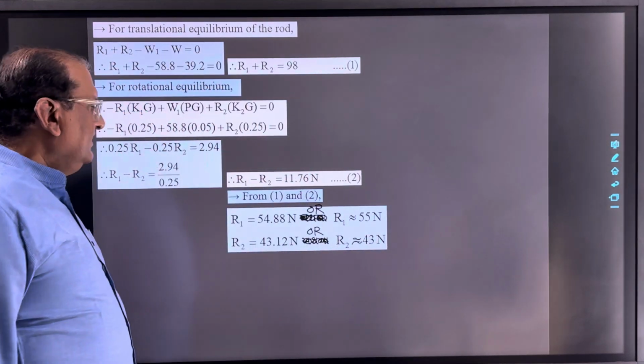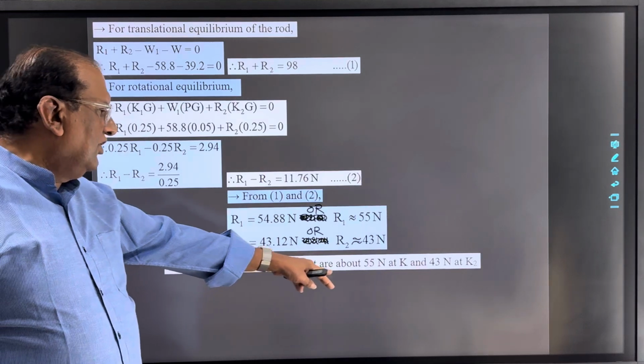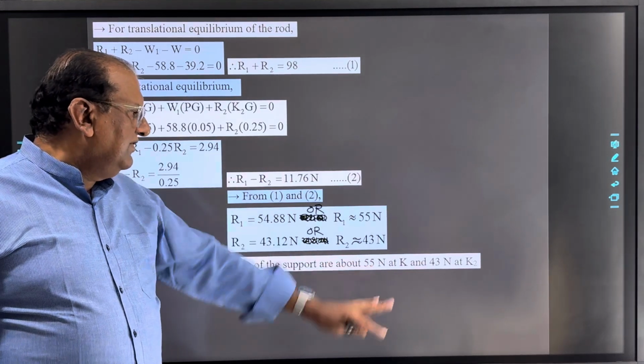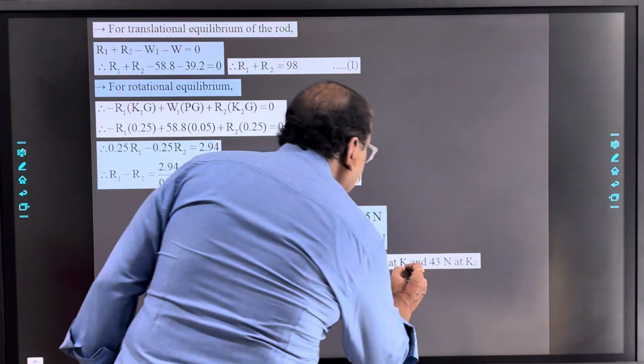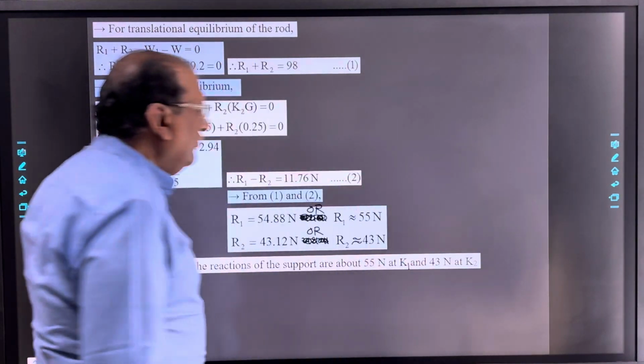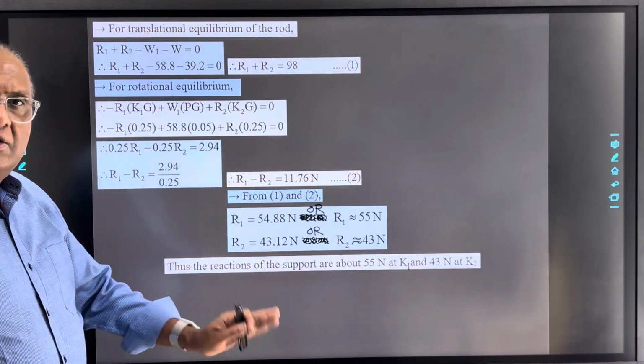So in this way we can calculate the reactions at the support are about 55 Newton at K1 and 43 Newton at K2. Clear to all of you?